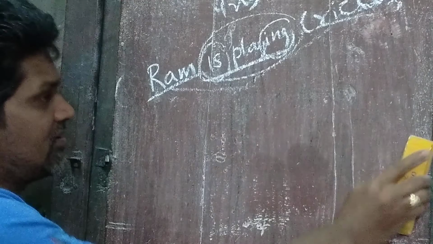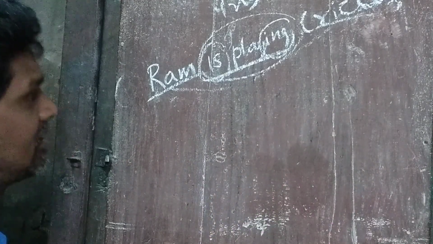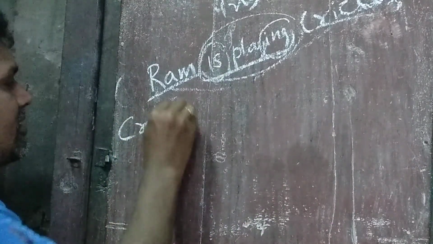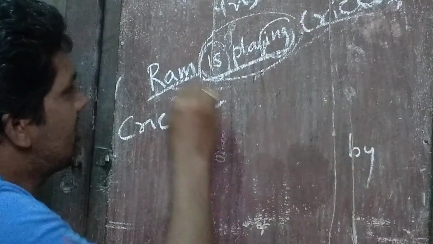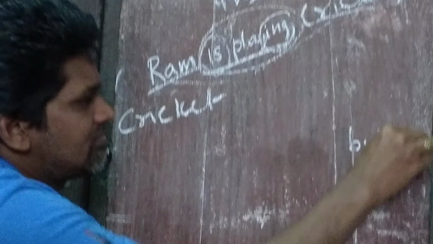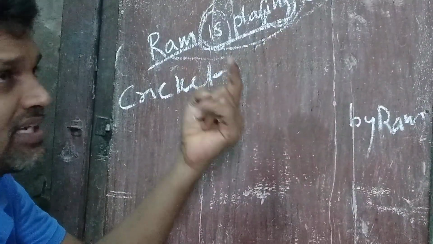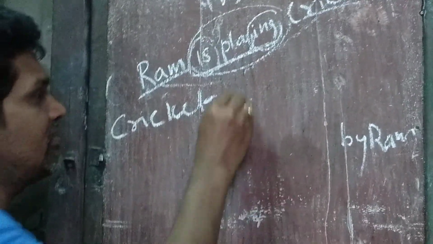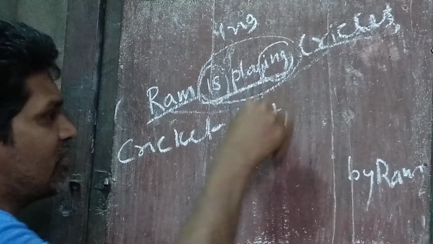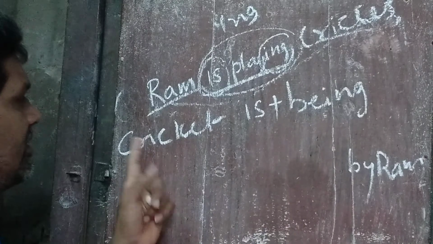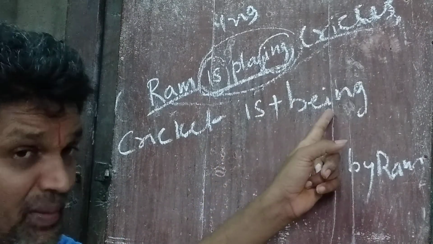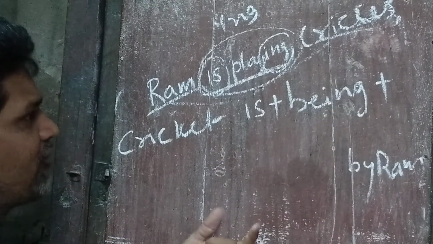So do you remember the formula? Yes. Cricket, so by Ram. And continuous tense. So cricket is singular form is, and in addition to this we should write being plus V3 form.